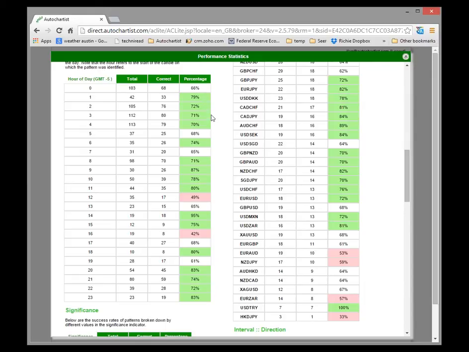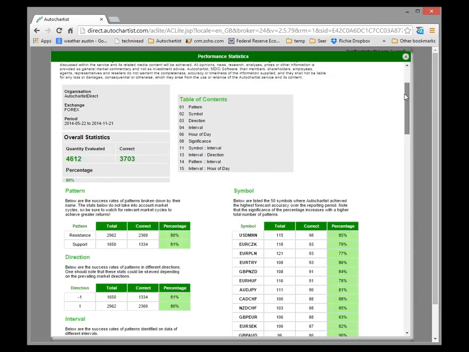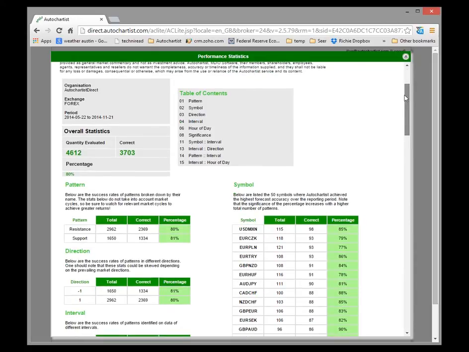And you can see quite clearly how chart patterns perform far better during the London time of day, during the UK time zone rather than the US time zone, right? Okay, so certainly you can see that the probability of chart patterns hitting their forecast level is far greater when London is awake, right?